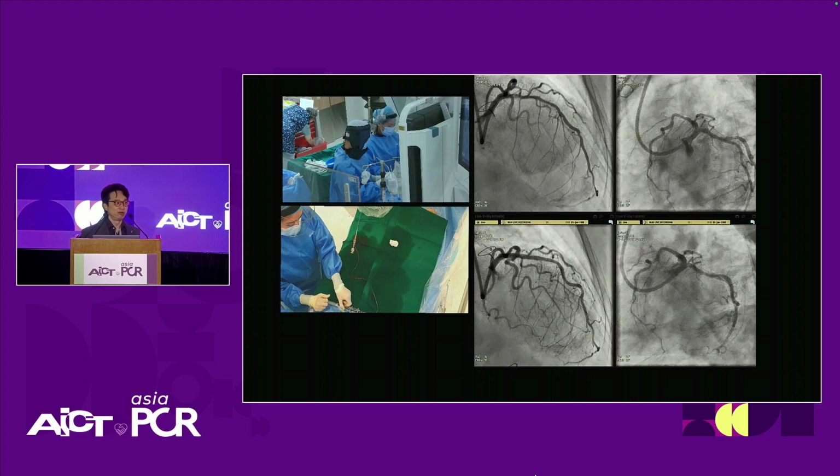Very importantly, adequate lesion prep, as we have explained today. In this case, we used a combination of rotational atherectomy and cutting balloon preparation because you really want maximal delivery of the drug into the tunica media so that you can get the lowest incidence of post-DCB restenosis.